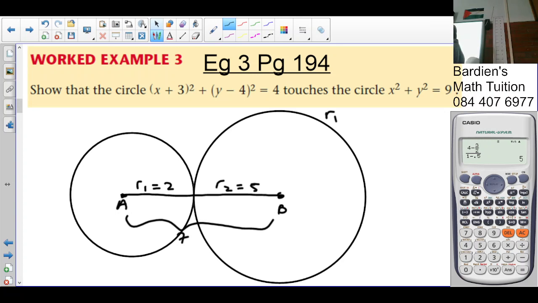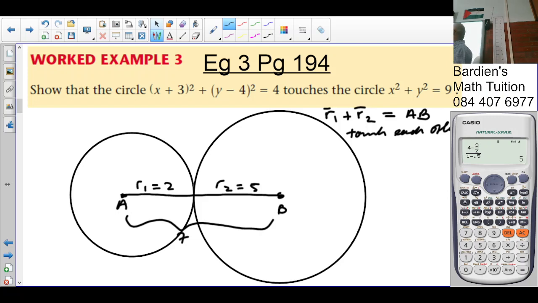Okay? So if R1 plus R2, the length of the radius of the first circle plus the length of the radius of the second, is equal to AB, the length of AB, what can we say? We can say that the circles touch each other once.